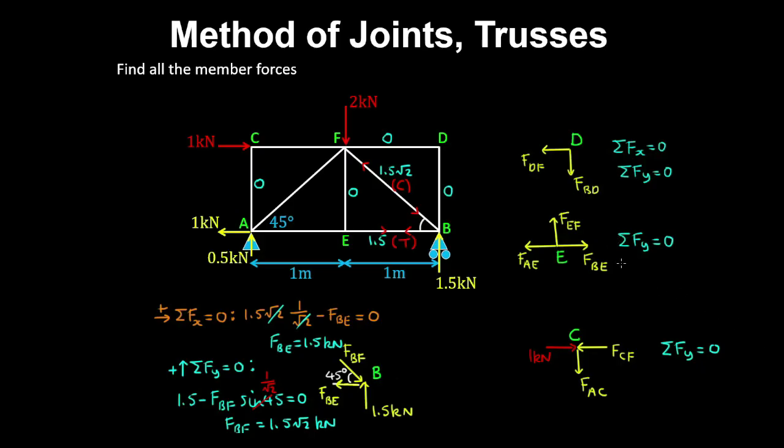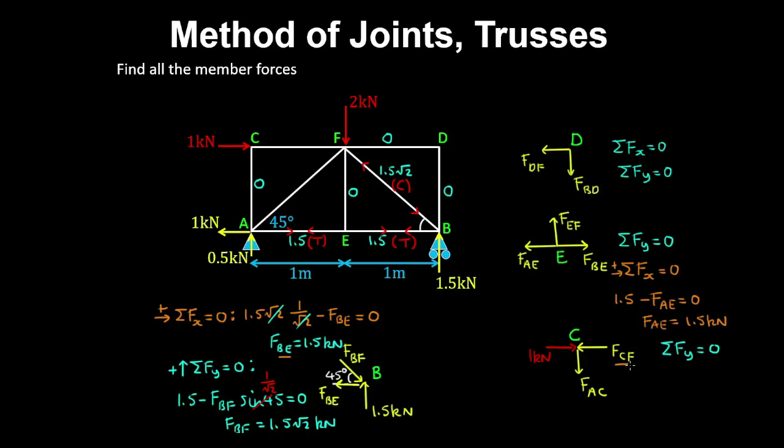And now if we take a horizontal equilibrium of joint E, using a consistent sign convention, then we have FBE, which is 1.5 kilonewtons, minus FAE is 0. So therefore FAE is also 1.5 kilonewtons, which we'll again write over here. And because this member is pulling away from joint E, then this here is a tension member.